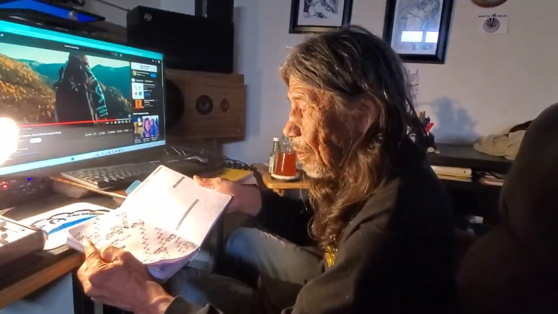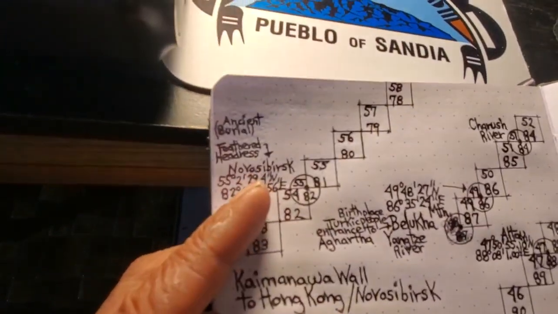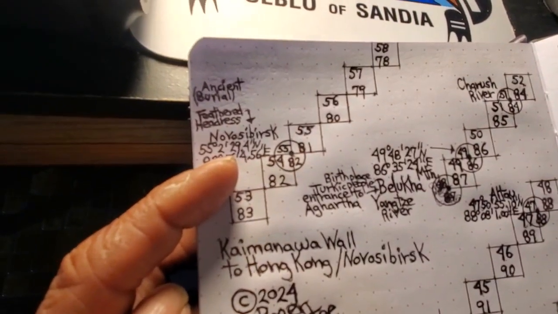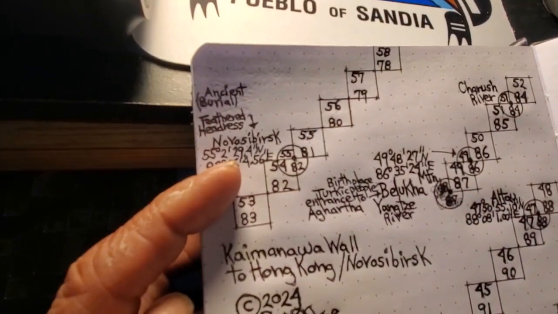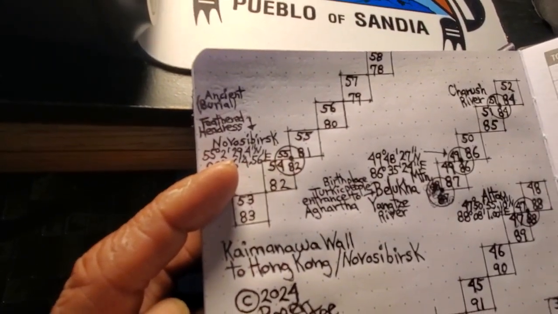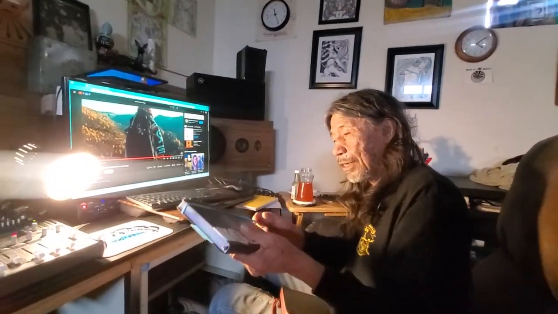Novosibirsk. And that's where this ancient burial was found. And more likely, the person in that feather headdress is probably us from here in Turtle Island. Indigenous American. Ancient indigenous people.